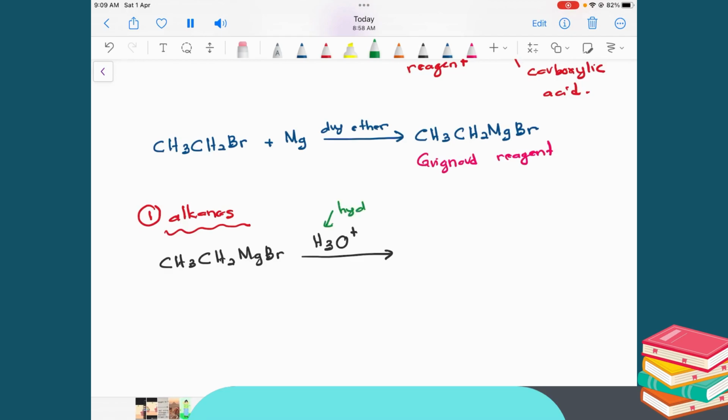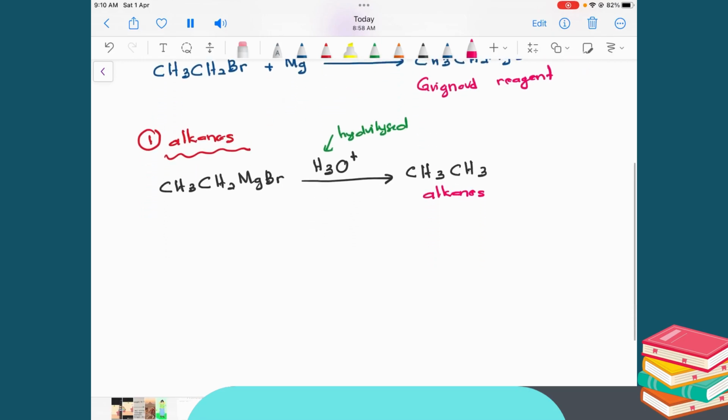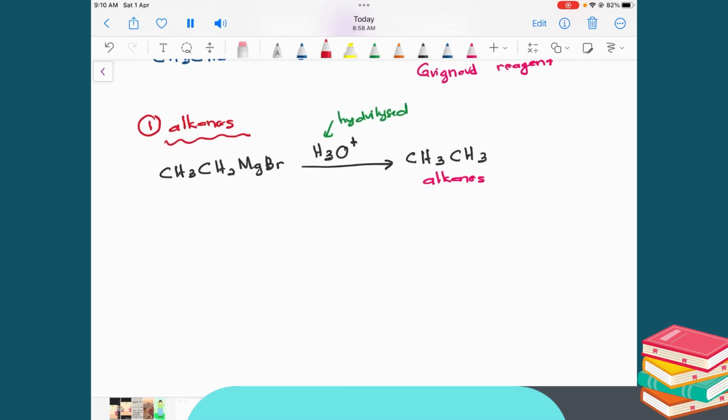The process is hydrolysis. It is hydrolyzed with acidified water, and the product is alkane. This is the first one. As you can see, the number of carbons before and after is still the same, which is 2 carbons, and the alkane also contains 2 carbons.